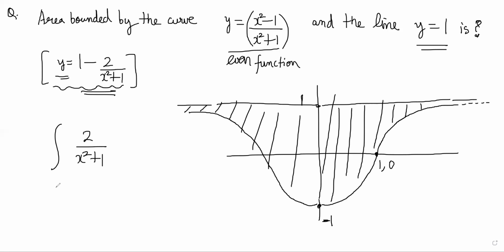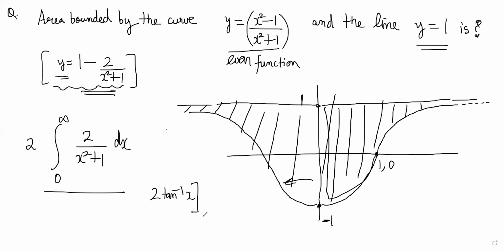The limits of the integration are technically from minus infinity to infinity, but you can say double of 0 to infinity, because the area this side would be same as the area this side. So this is just 2 tan inverse x evaluated from 0 to infinity, that is pi, and 2 pi is the answer.